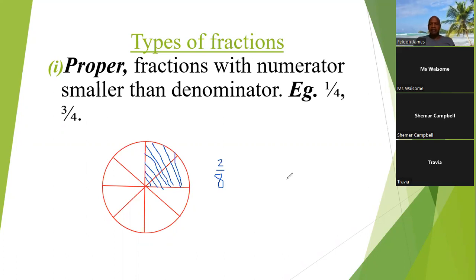All right. So if you think of the definition of what a fraction is, a part of a whole. Now, as Ms. Wason said, because we take 2 as a part of 8 slices, we take out 2 slices as a part of 8 slices, then we can say it is proper where the numerator is smaller.